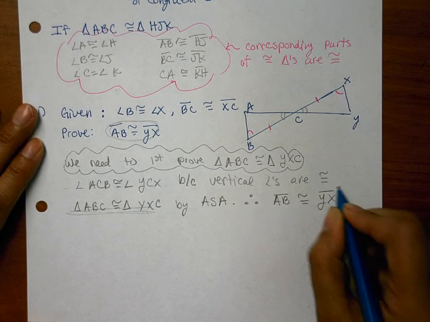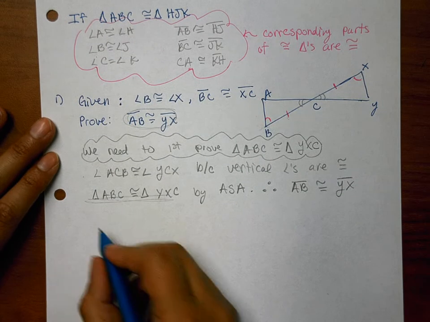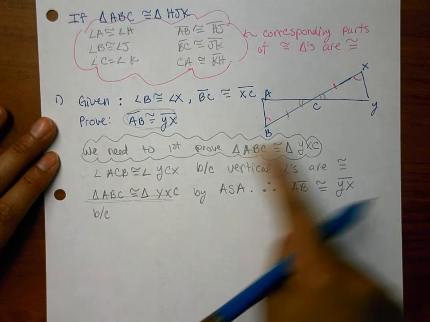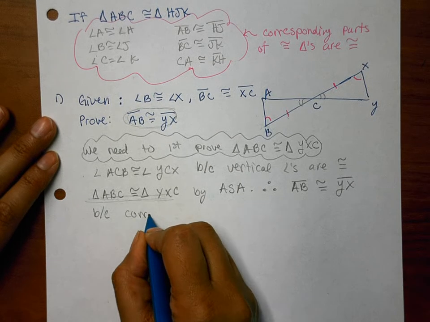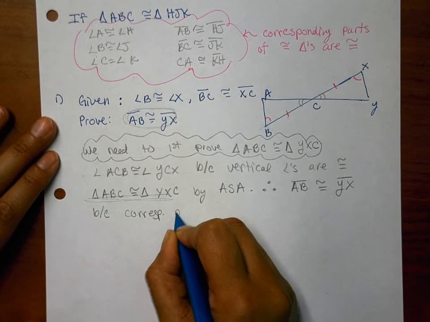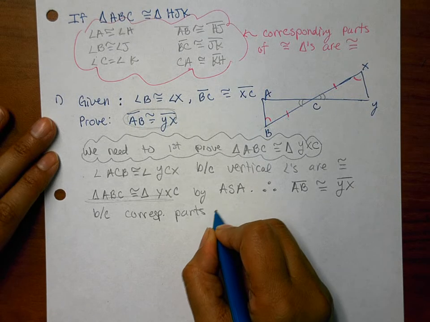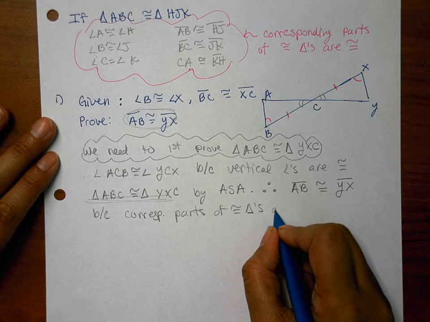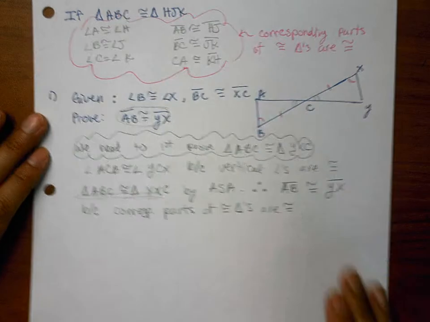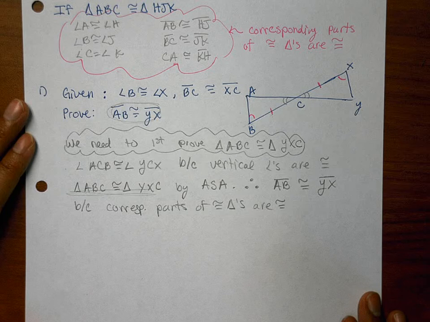Therefore, AB is congruent to YX because, and it's this long reason here, we'll try to shorten it a little bit, corresponding parts of congruent triangles are congruent.